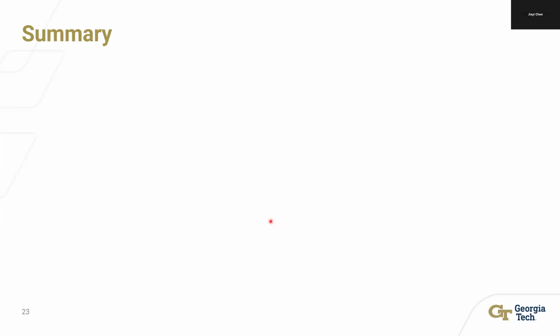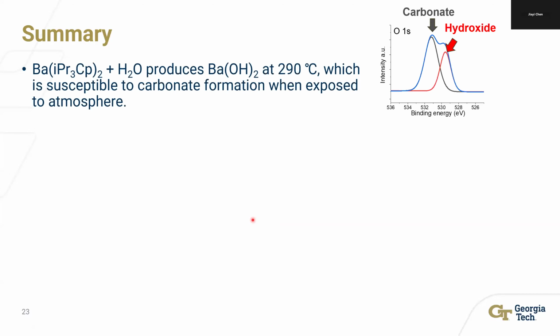So to conclude, in this study we found that the barium isopropyl cyclopentadienyl precursor and water produce barium hydroxide at 290 degrees C, and this barium hydroxide is susceptible to carbonate formation when it is exposed to the atmosphere.